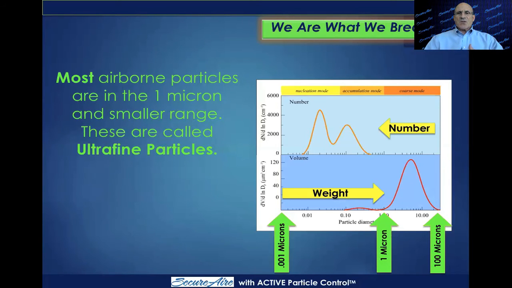This shows you that you could get most of the large particles and have nearly all of the weight. So that doesn't tell us anything about the number of particles, particularly the smallest particles. So when you measure particle size and you count the number of particles that are in the air, you want to do it by count, by number, at different sizes, rather than by weight.